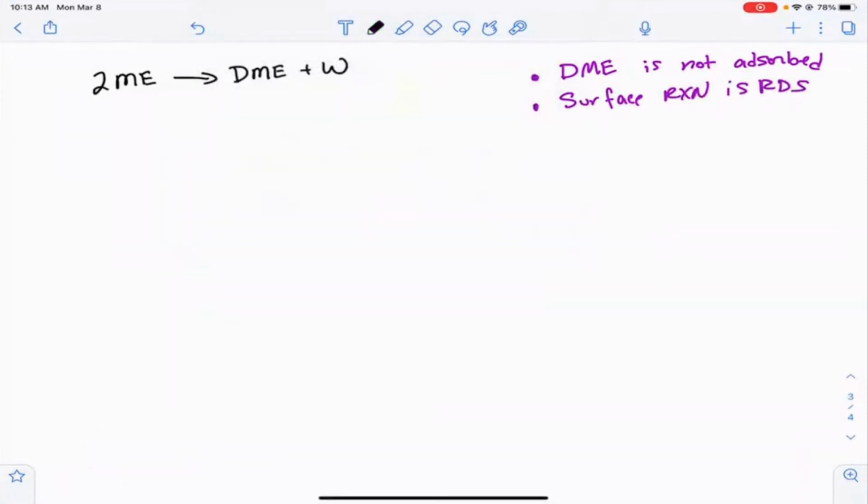So then if we know that Me has to be adsorbed on the surface, and it's the only reactant, that's going to be the first step in the mechanism. So we know that Me plus a surface site gives us Me dot S, okay? K1.